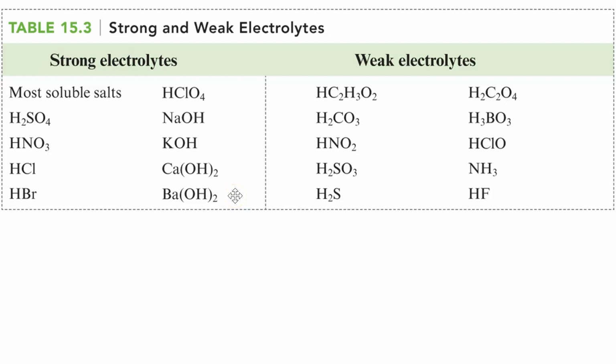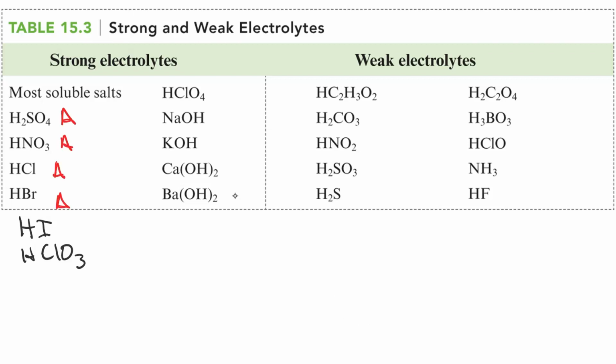We should also add to this HI, hydroiodic acid, is a very strong acid. That gives us 1, 2, 3, 4, 5, 6. There are actually 7 strong acids, and the 7th is HClO3. Right, so these are our strong acids.